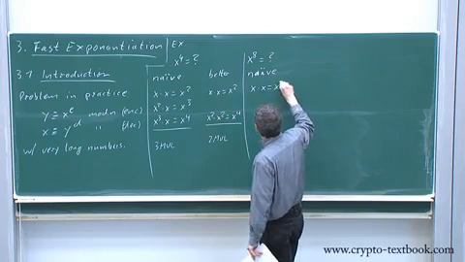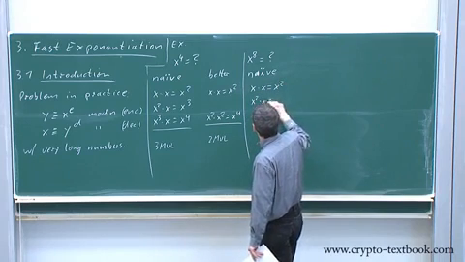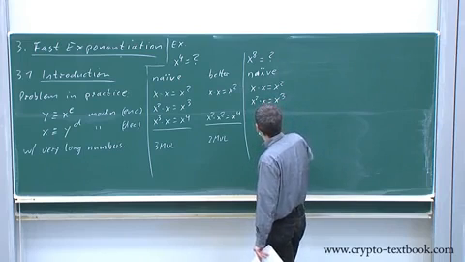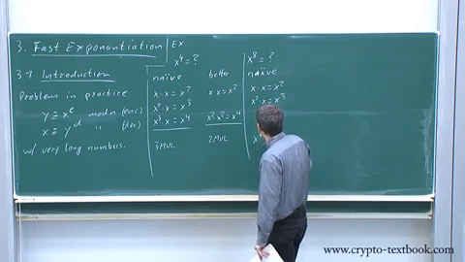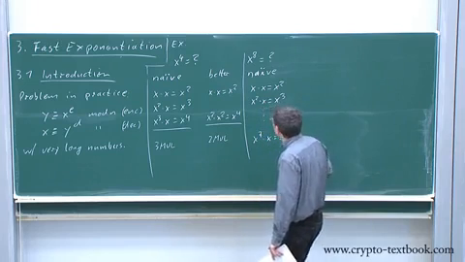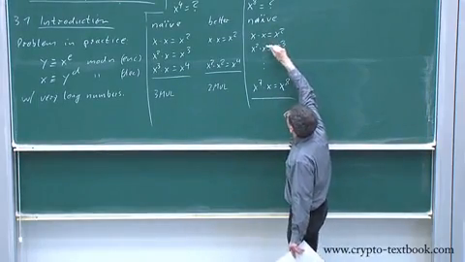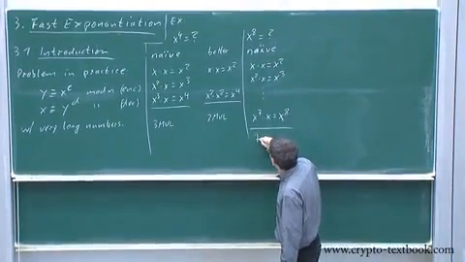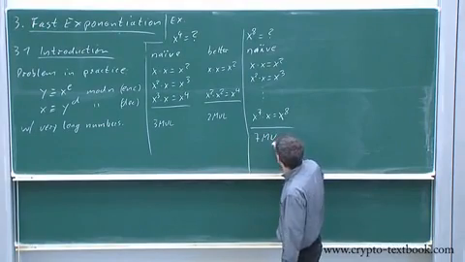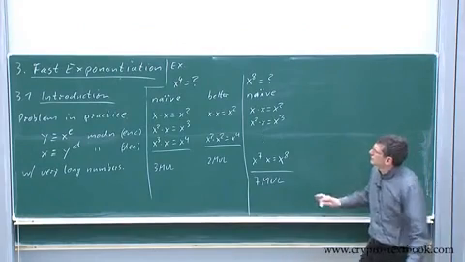So you do x times x is x squared. X squared times x is x cubed. And at the end, you do x to the 7th times x is x to the 8th. And this is 1, 2, 3, 4, 5, 6, 7 multiplications.